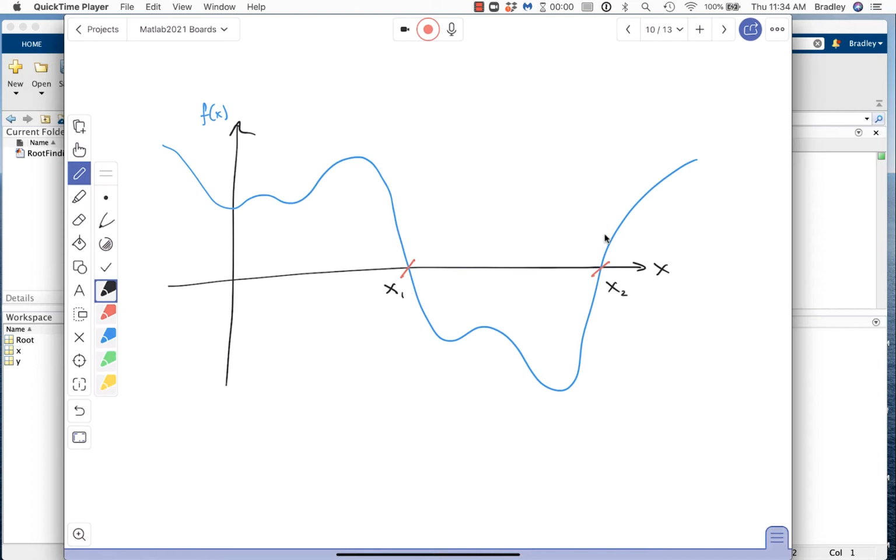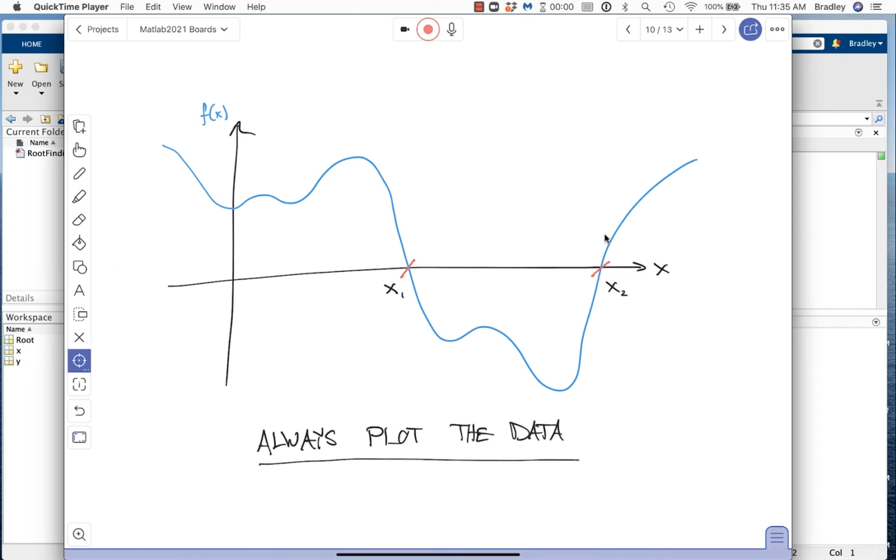And so just a piece of advice that I want to give you whenever finding roots using any method is always plot the data. This is what we have, particularly in MATLAB, a tool at our disposal to be able to indicate where that x1 should roughly be, where that x2 should roughly be, when given a particular function across a particular domain.